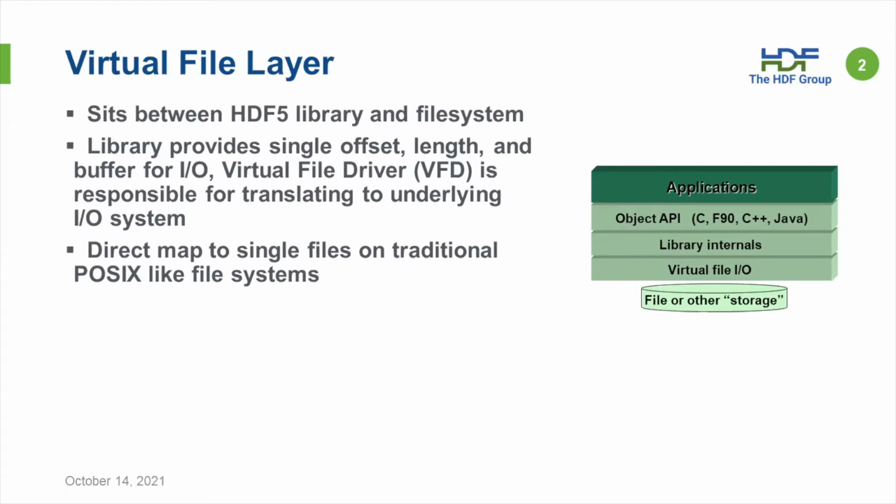The file driver will translate that offset, length, and buffer into the actual call to the file system, which might just be a POSIX read or write call, or it could be something more complicated, for example, in the MPIO file driver. And so this is a pretty simple interface, and it maps pretty directly to traditional POSIX file systems.